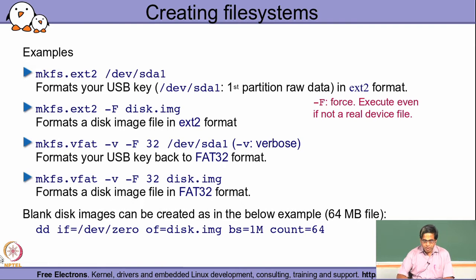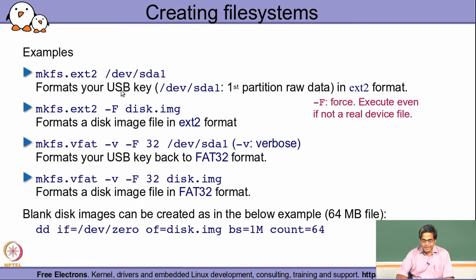Now, another way by which I could create a file system is if I want to create a disk image file, so I am mimicking a file system on a local disk file that I have. I can also use the -f option for doing that, wherein I can run the mkfs.ext2 command and use -f and then say disk.img.